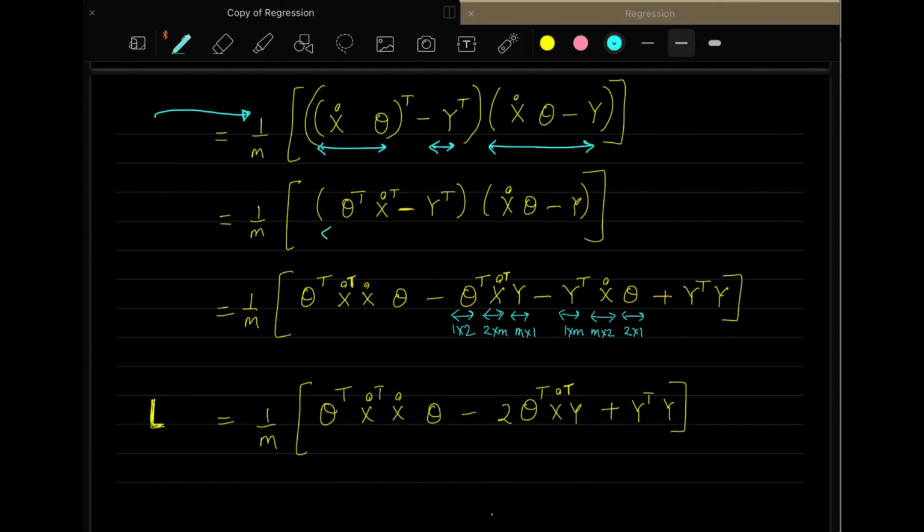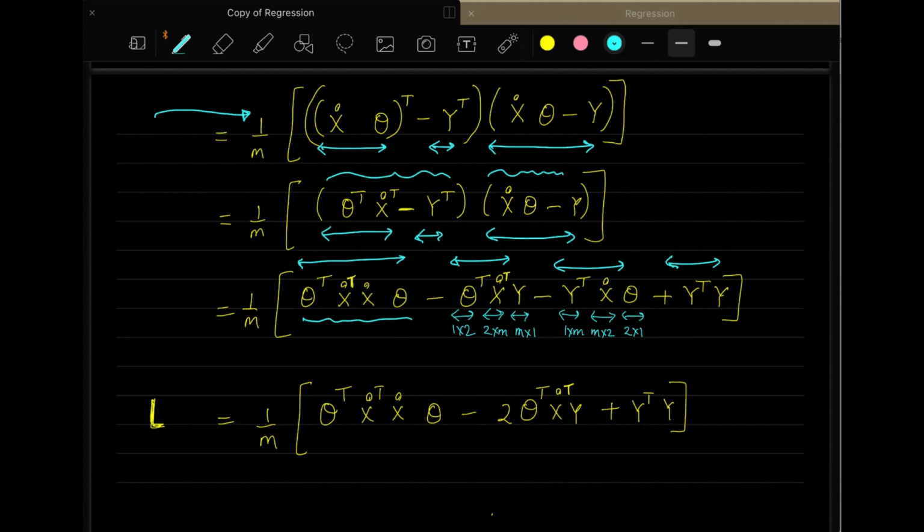And then you can further simplify it to this, and then you take the multiplications of these individual elements, and you will have this first, then this, then this, then this. So you'll have four different parts to this multiplication. Once you have these four, you can retain it like this, but these two are the same.